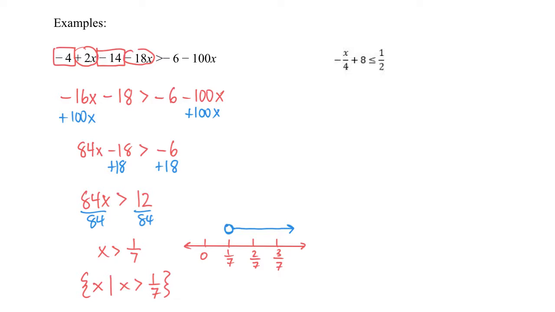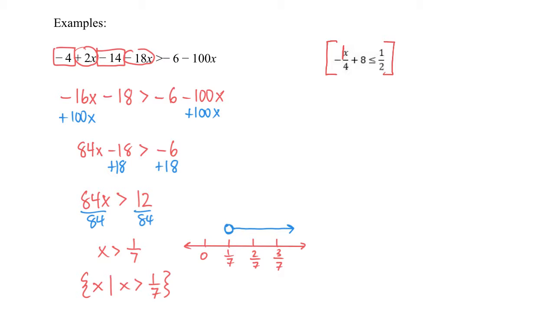Okay, so now let's try this second one here. With this one, I see negative 1/4. By the way, negative x over 4 is the same thing as negative 1/4 x. Plus 8 is less than or equal to 1/2. Just like I taught you in equations, we can get rid of those fractions by multiplying through by the lowest common denominator.